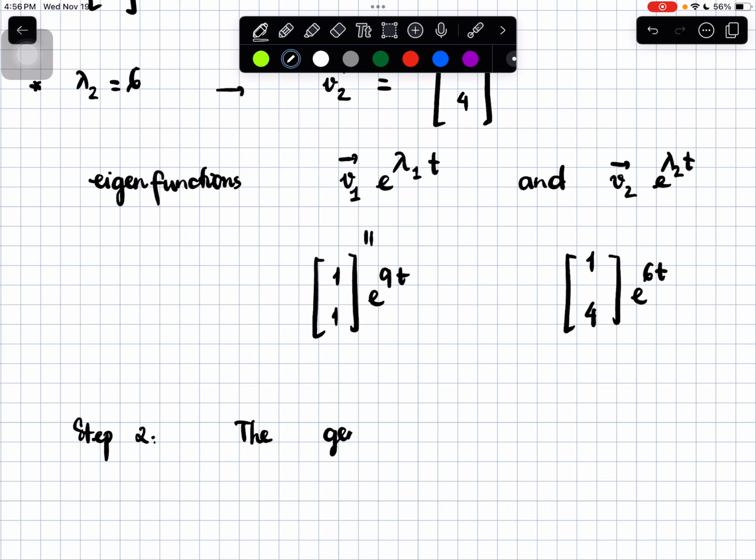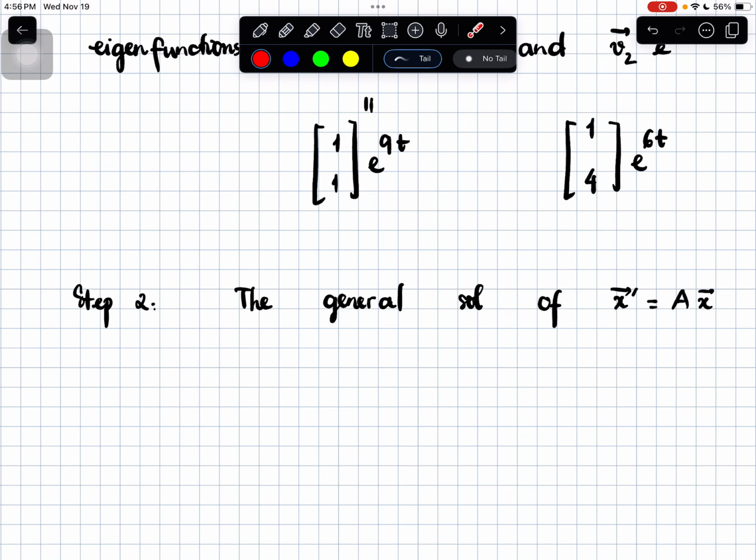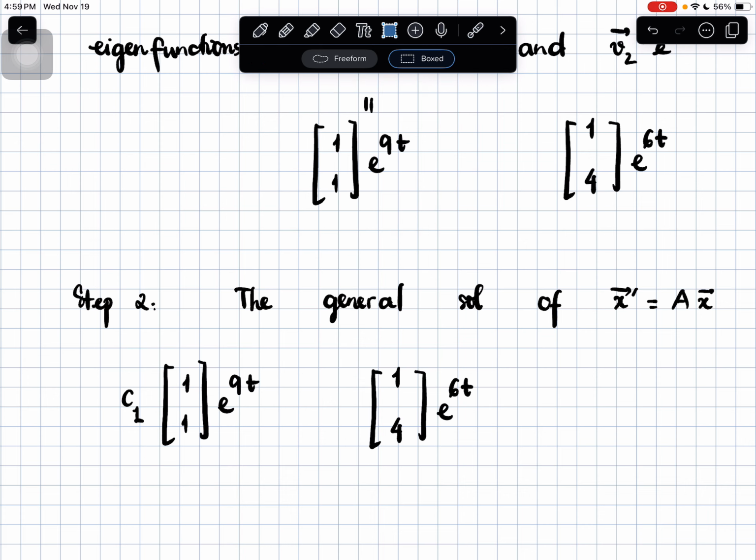The general solution of x prime equal to A times x is a linear combination of these two eigenfunctions: c1 times the first eigenfunction plus c2 times the second eigenfunction.